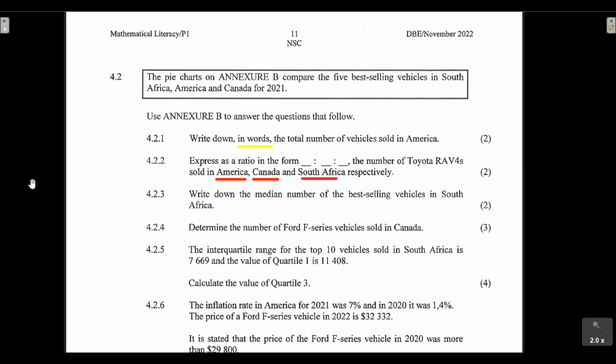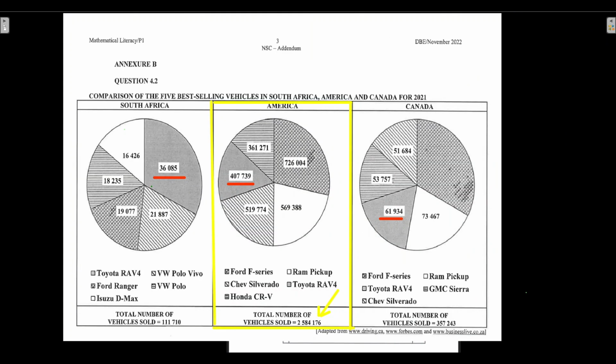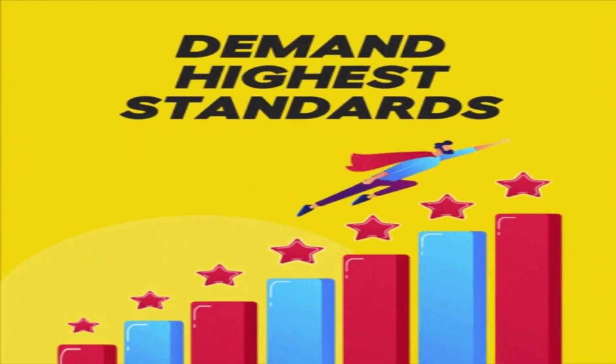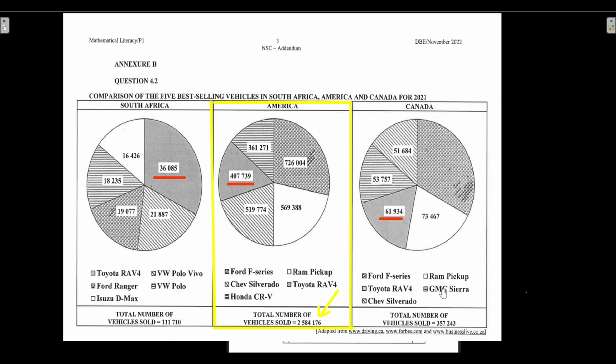When we are working with things like calculating your interquartile range, your median, your Q1, to be able to work with data, I always say that you need to ensure your data is arranged in ascending order from lowest to highest. Then we will be able to determine the median, quartile one, and quartile three. Remember, the median is the same as quartile two.